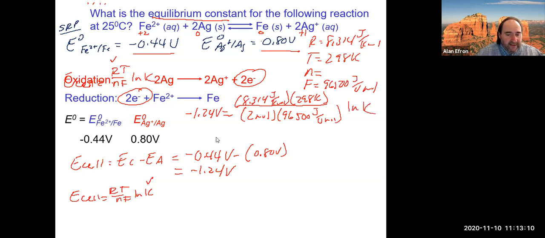Cleaning up a bunch of stuff here. If we clean up everything on the right-hand side, we have 8.314 times 298 divided by 2 divided by 96,500.